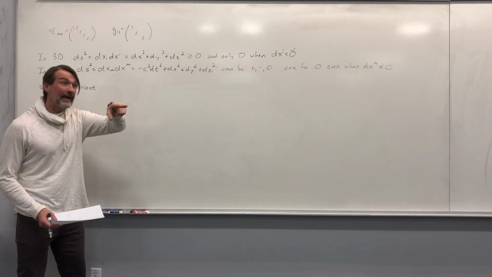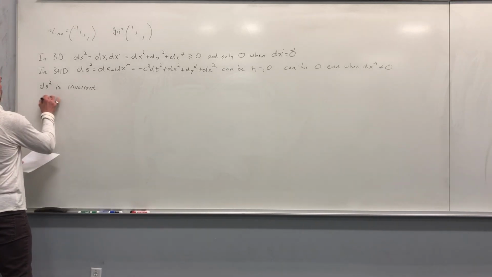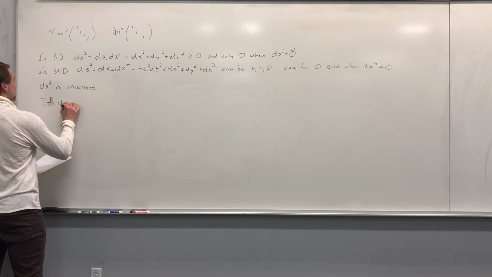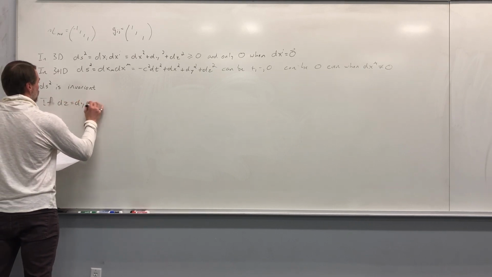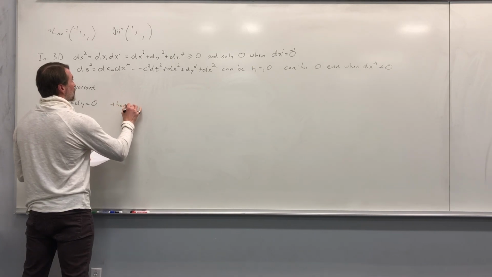Velocity. Exactly. Look at this. Watch. If dz equals dy equals 0, then what we can say is the following.